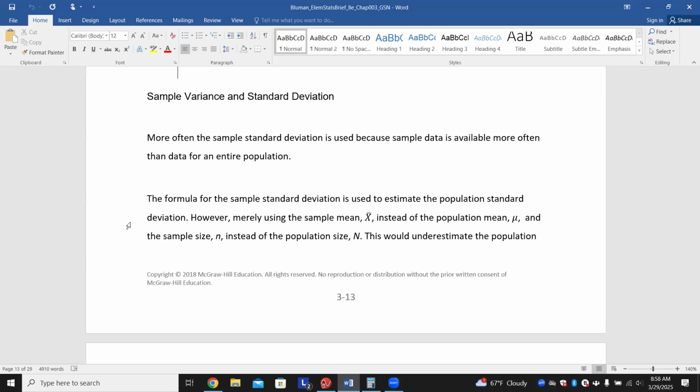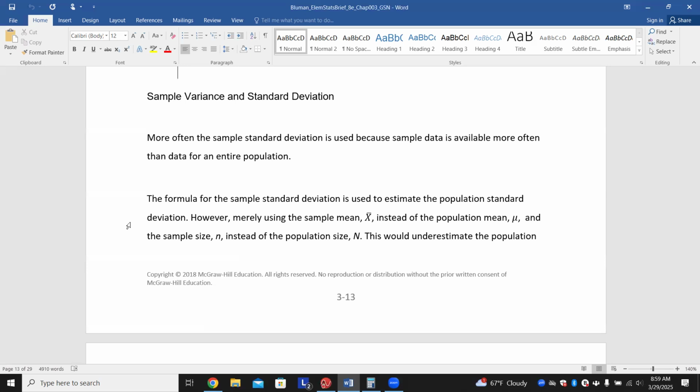So most often the sample standard deviation is used because sample data is available more often than the data of an entire population. The formula for the sample standard deviation is used to estimate the population standard deviation. So when we calculate our sample, we're estimating that this would probably be about the population.